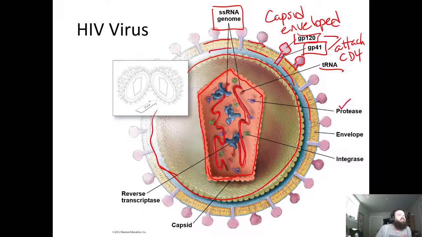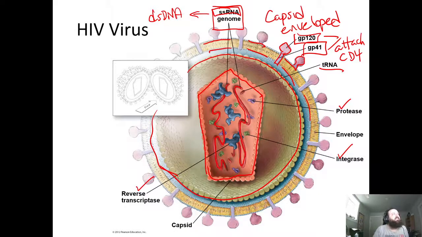We also have an enzyme called protease, which is going to help digest proteins in ways that we'll see later. We also have an enzyme called integrase, which is going to help insert the viral genome into our host cells. And then we also have an enzyme packaged with the virus called reverse transcriptase, which is going to take this single-stranded RNA and actually convert it into double-stranded DNA.